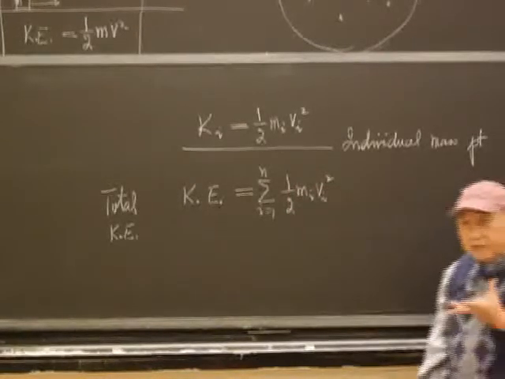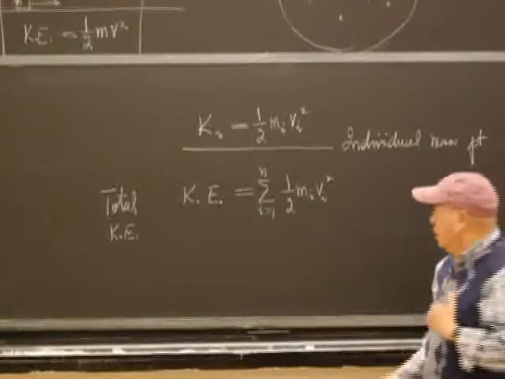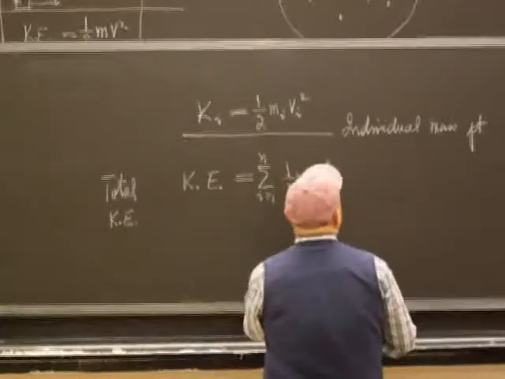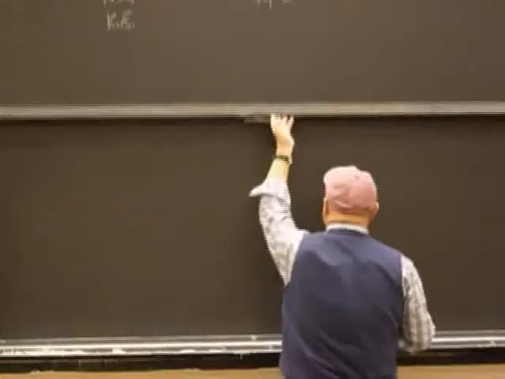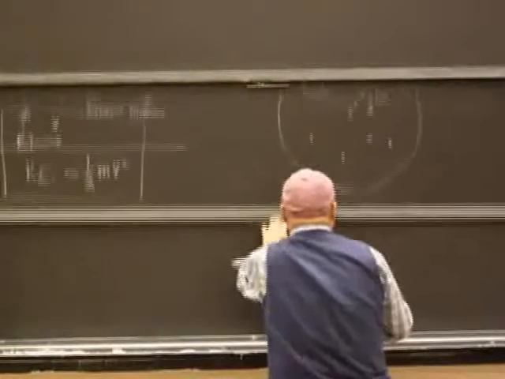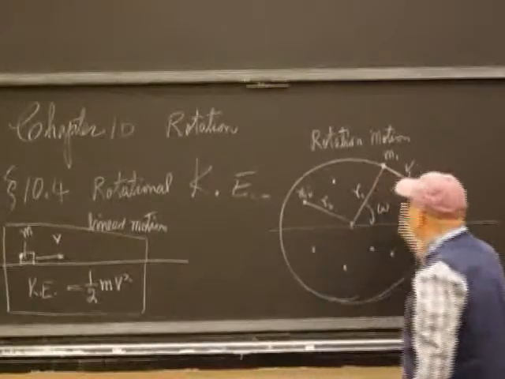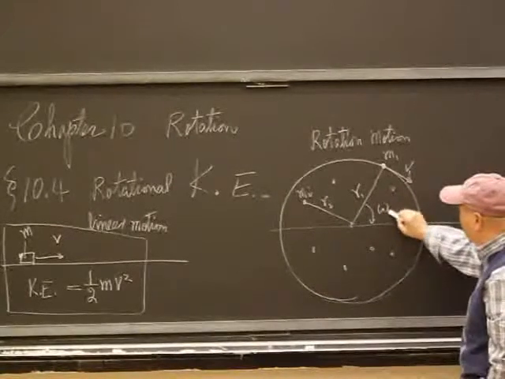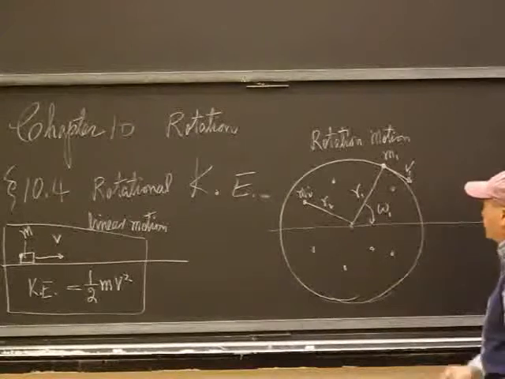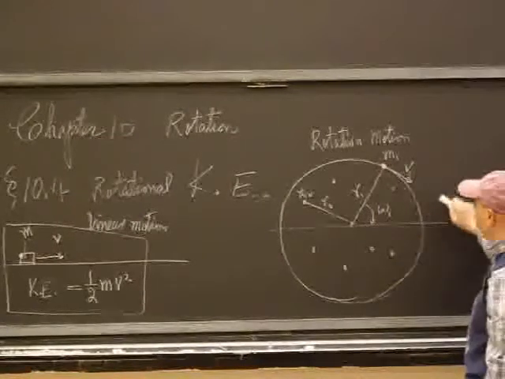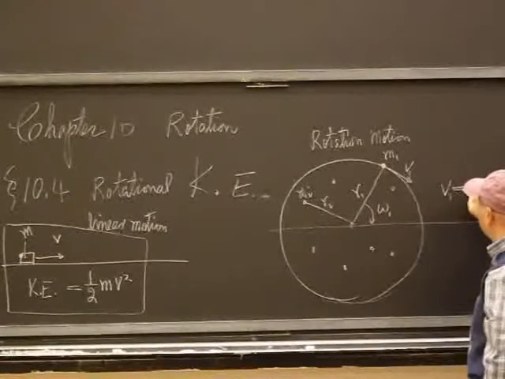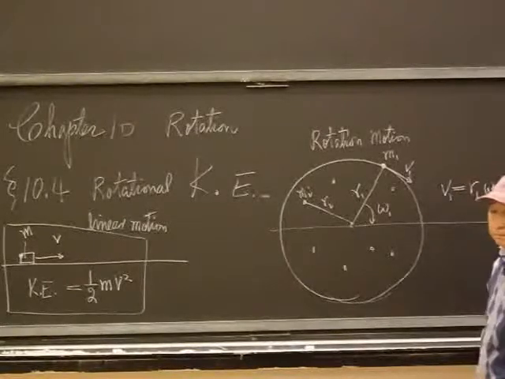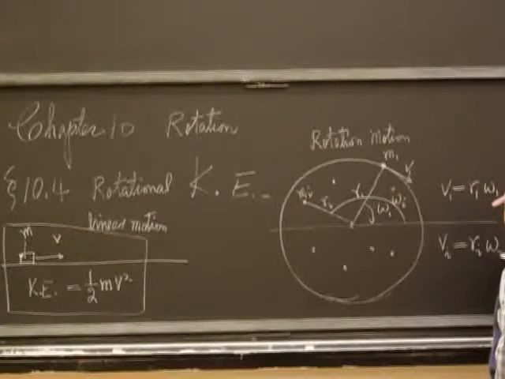So this is a rotation, it's a circle. If we circle around, we take a look at one point. Suppose this is omega 1. This is a linear velocity. So v1 is equal to r1 omega 1, and in general Vi is equal to Ri omega i.